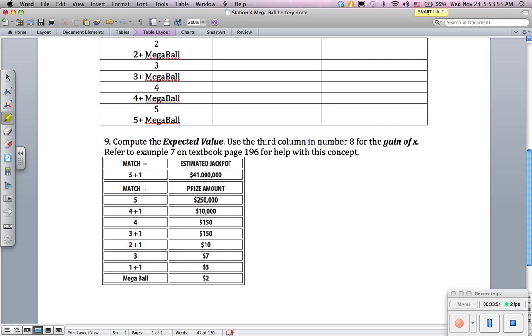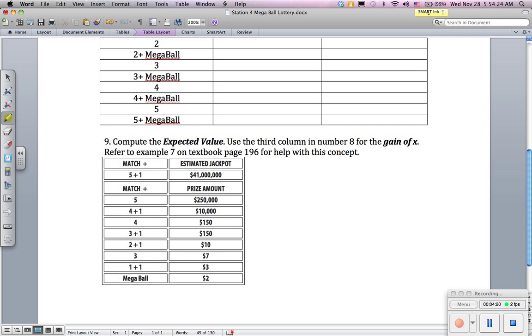So you'd use the third column in number 8 for what we're calling the gain of X. That's the net amount that you would receive. So you pay $1 for your ticket, and then if you won, you would receive whatever the prize amount is. So you have to include the fact that you actually had to pay $1. So if your prize amount was $7, but you paid $1, your gain of X would be $6.